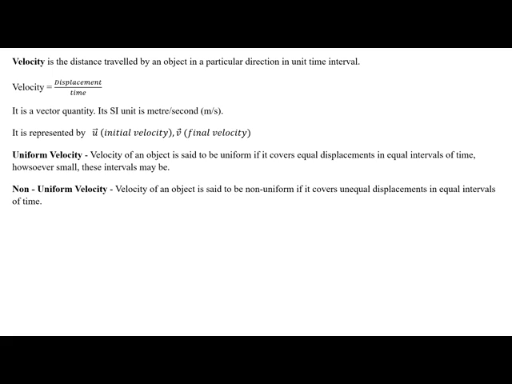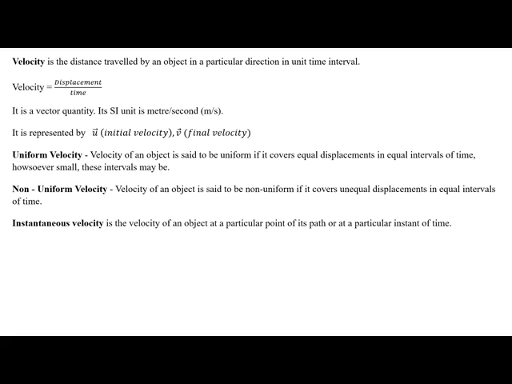At time T1 interval it may take 2 meters, but in time T2 interval, what happens? The displacement becomes 3, and in time T3 interval the displacement becomes 5. So there is a non-uniformity in the displacements covered. So the displacement is not uniform. Such a velocity is called non-uniform velocity.